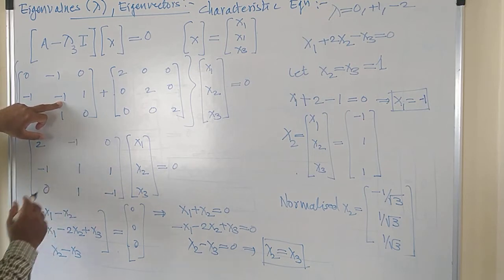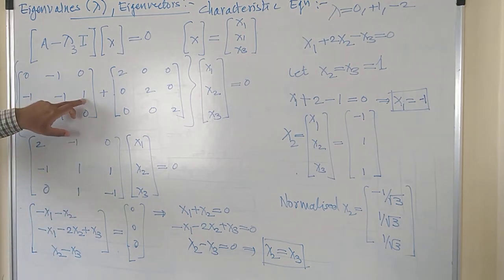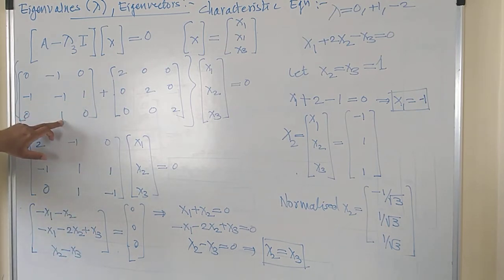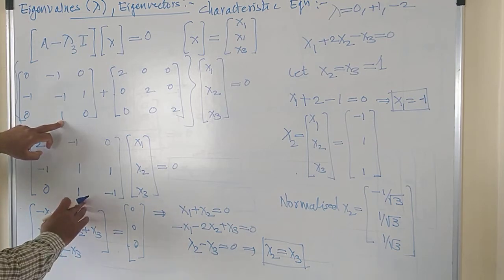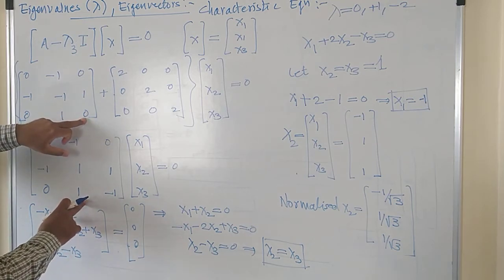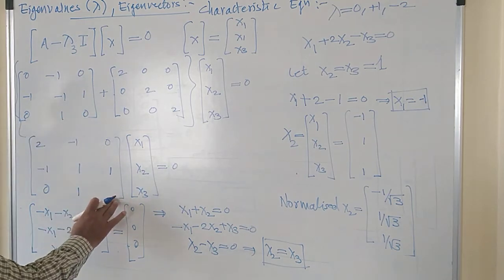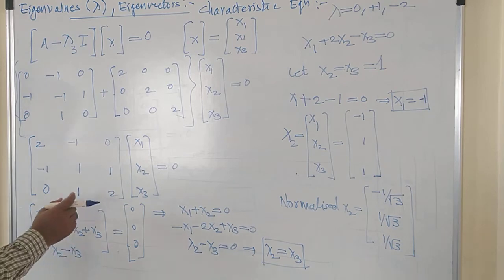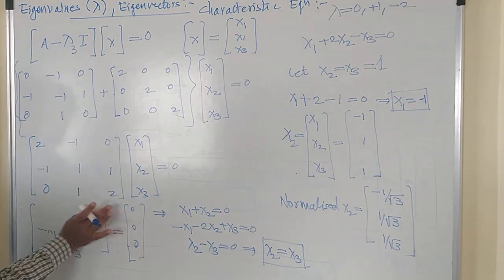This element will be 1. This is 1 plus 0 is 1, 0. This is 1 plus 0 is 1, and this is 0 plus 2, that means here you will get 2, isn't it? Into the respective eigenvectors.